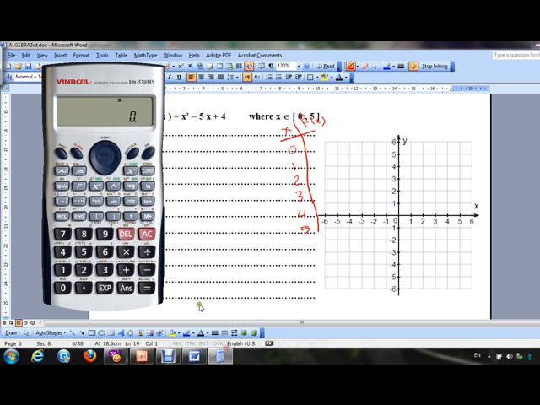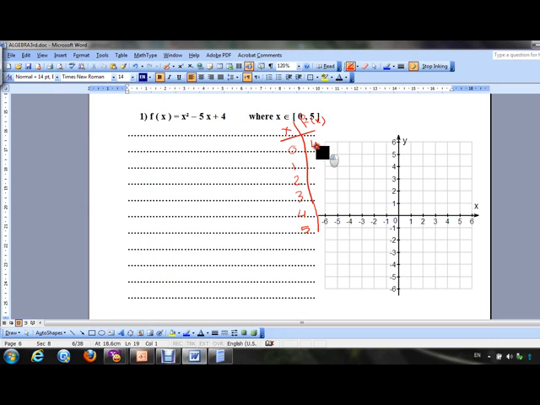The first number we have here, 0 to the power of 2 minus 5 times 0, plus 4, and the answer is 4, so I'm going to write here the answer is 4.